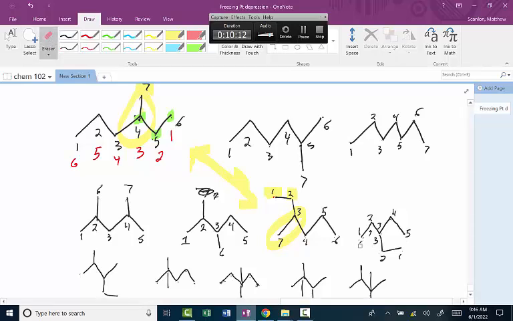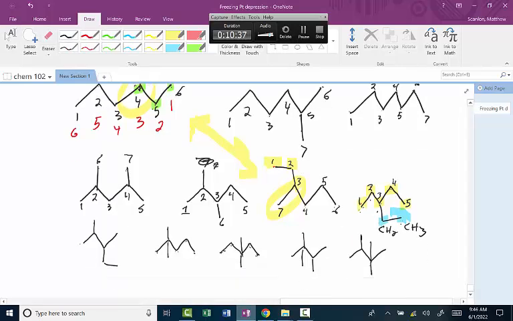And so this will be a different, I don't think we have one with 2 coming off 3. 1, 2, looking down here. 1, 2, 3, 4, 5, 6, 7. So I took a CH2 here and a CH3 here. So this can get confusing.